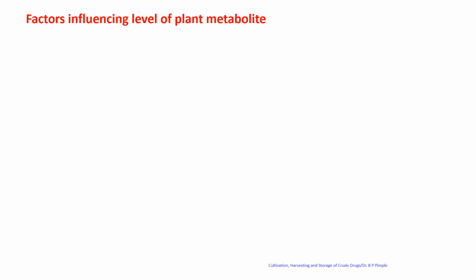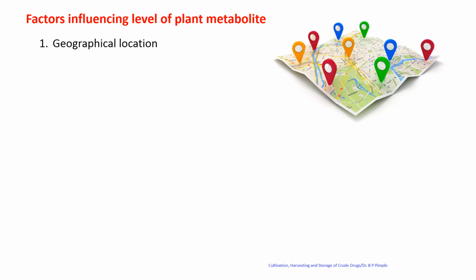Now we will have a look at the factors that directly affect the quality as well as quantity of phytoconstituents in the crude drug. Geographical location. Now we will take a very simple example of strawberries. Strawberries require a cold climate, but not a frosty climate. That is the reason why strawberries cannot be grown in Kashmir, but they can be very well grown in the Mahabaleshwar region because of the exact temperature required.